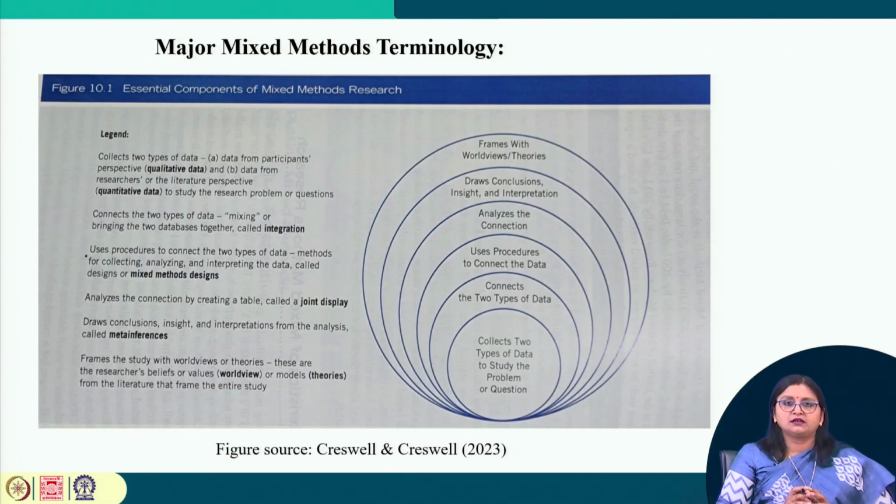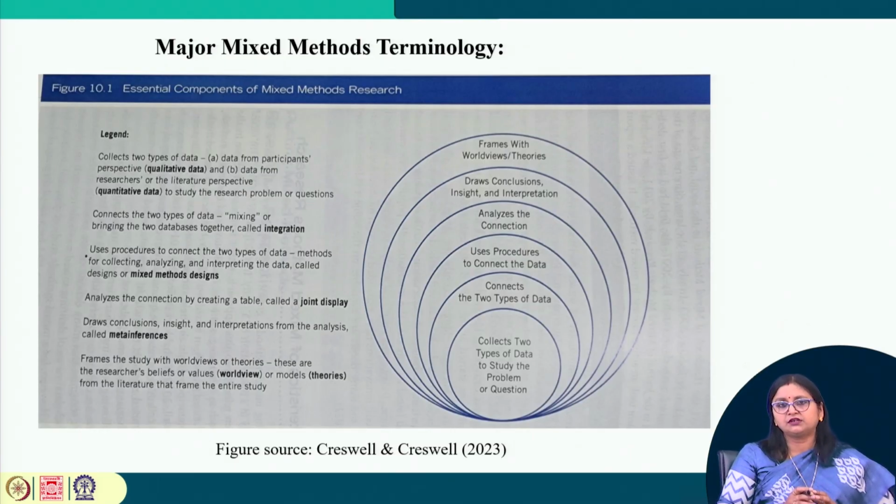Here in this image you can see what is mentioned in Creswell's book, and I have just taken the screenshot from that so that you can go through. I could have generated or created this image, but I have taken it as it is mentioned in the book, because the major terminology should be understood by the learners. Here you can see how mixed method research works.